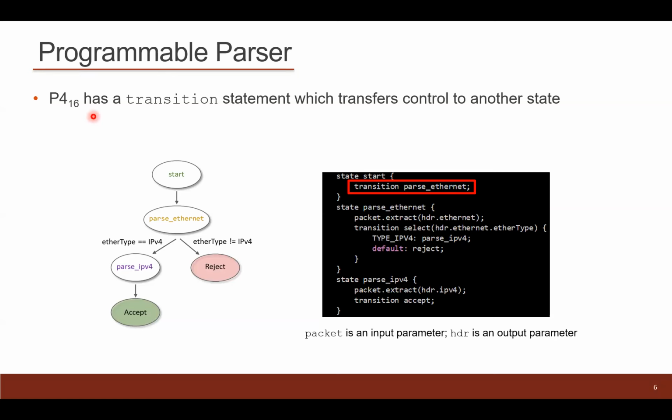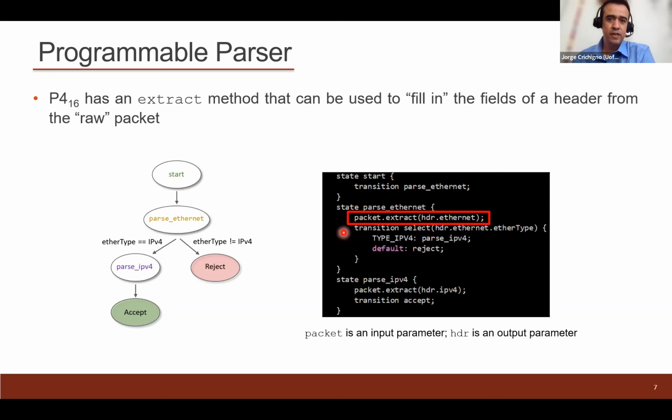P4_16 has a transition statement. If I want to go from start to parse Ethernet, I will use this transition statement and then the name of the next state: transition parse Ethernet. What is going to happen next is we will enter the parse Ethernet state. In parse Ethernet, the first thing that we see here is packet.extract. The extract is a method that can be used to fill in the fields of, in this case, Ethernet fields.